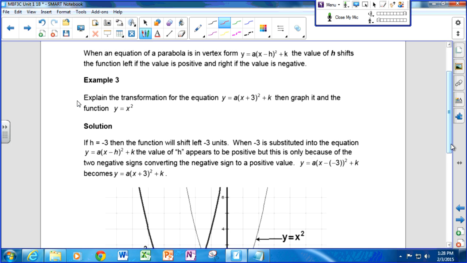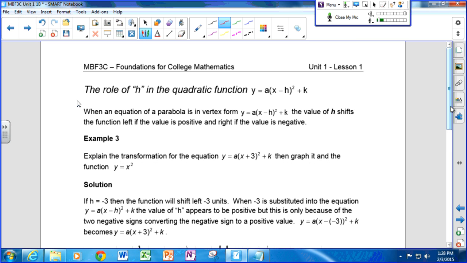The next thing we're going to look at is the role of H. I'm going to tell you that the text can be a little bit confusing when they talk about H, and the reason is this.